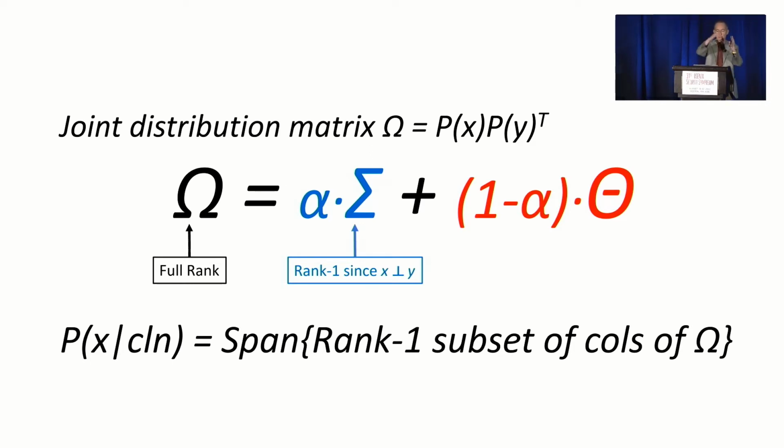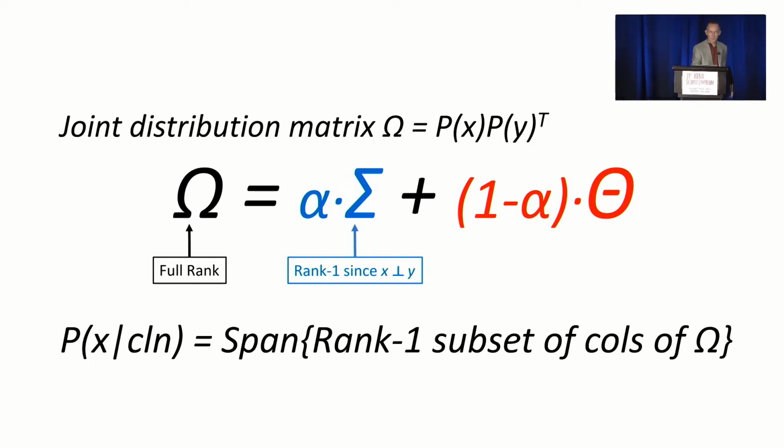A matrix representation of this gels well with the implementation, so let me do that. Instead of writing it in algebra as I did before, write the joint distribution of x versus y as a matrix. On the left-hand side is what I observe, and the observed is equal to alpha times clean plus 1 minus alpha times bot. The XY distribution matrix observed is equal to the distribution matrix of clean plus the distribution matrix of bot.